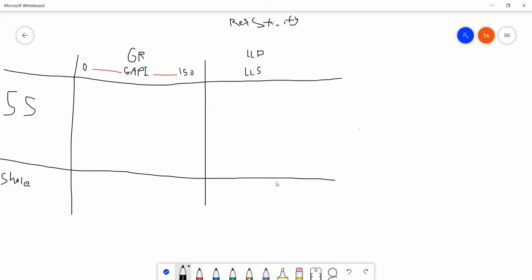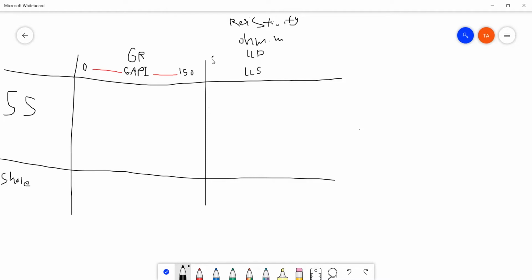The unit of resistivity logs is in ohm, and the scale is in log scale.